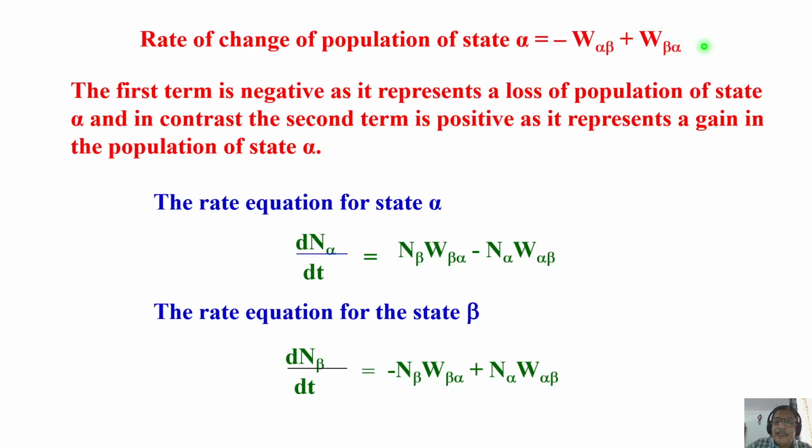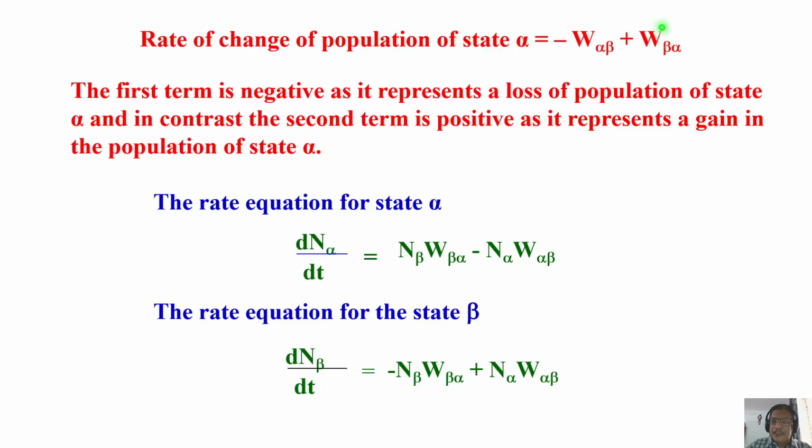The probability of the spins coming from a higher energy state to lower energy state is more, and this is negative because at the same time there is also the possibility that spins from the lower energy state go to the higher energy state. When it goes from alpha state to beta state, it is a loss of population in alpha state.